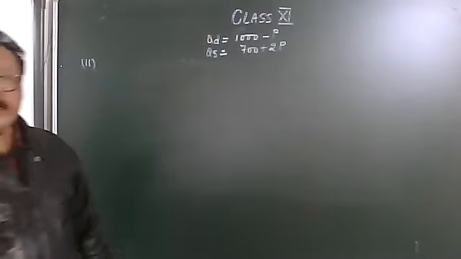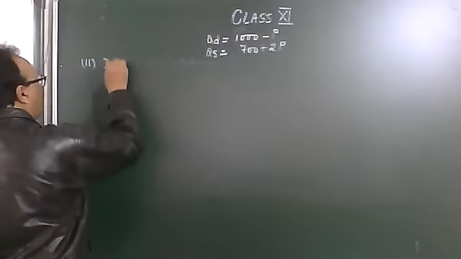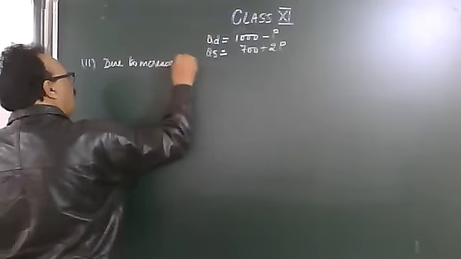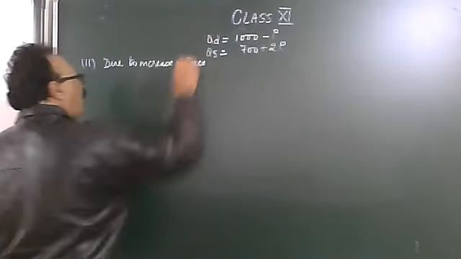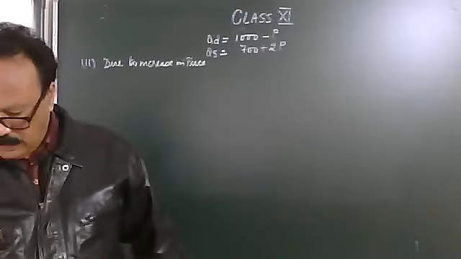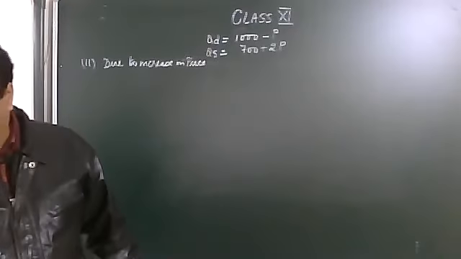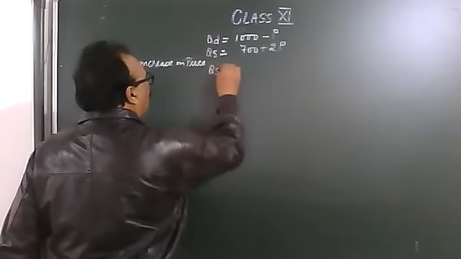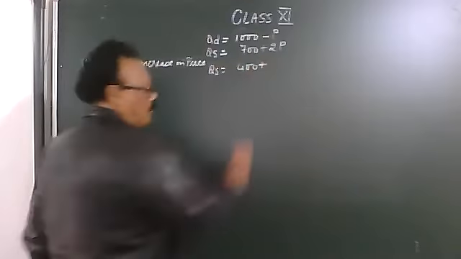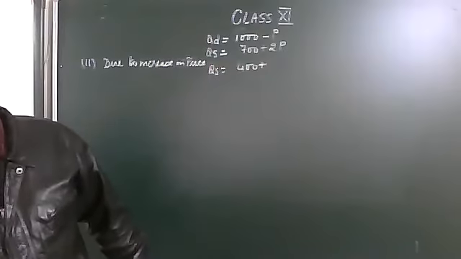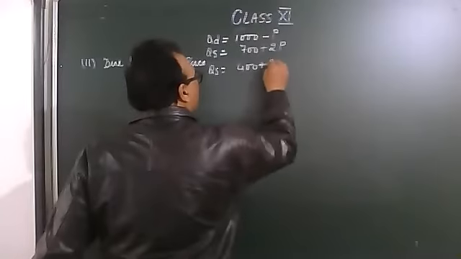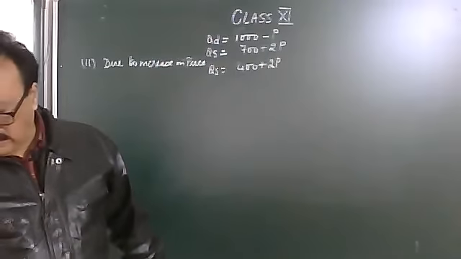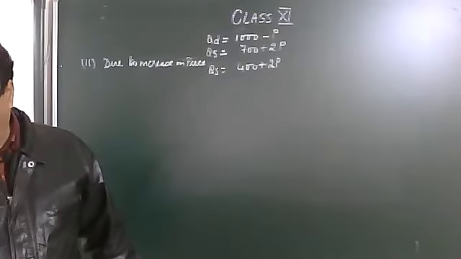We say due to an increase in the price of input, the supply curve becomes QS is equal to 400 plus 2P. So now find the equilibrium for the new quantity.